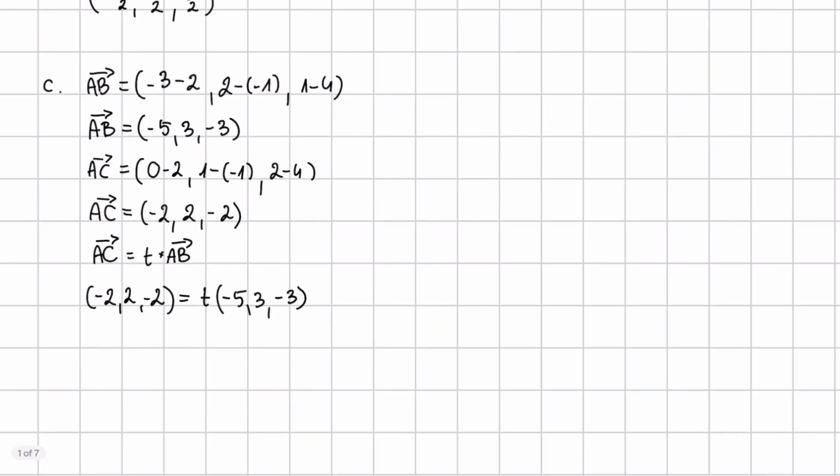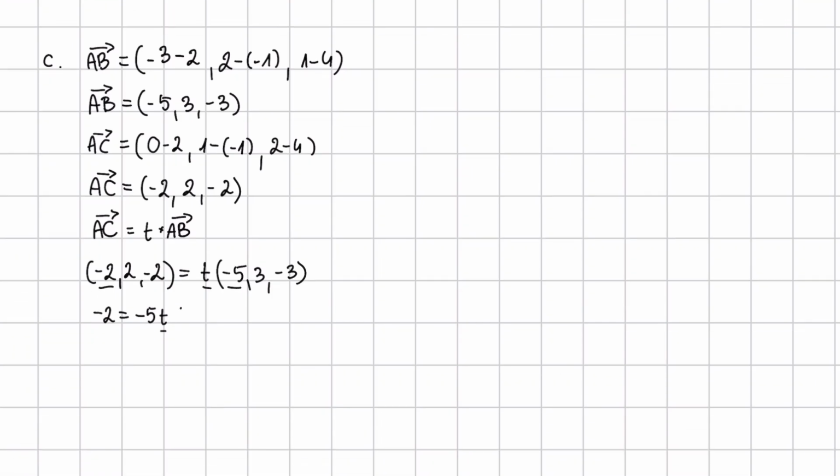So we have to calculate the scalar for each coordinate. So firstly, -2 equals t times -5. In order to have t, we have to divide both sides by negative 5. So here we are left with 2 over 5 equals t.